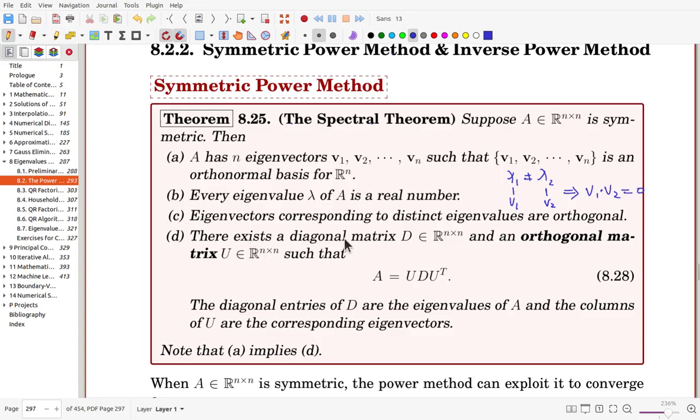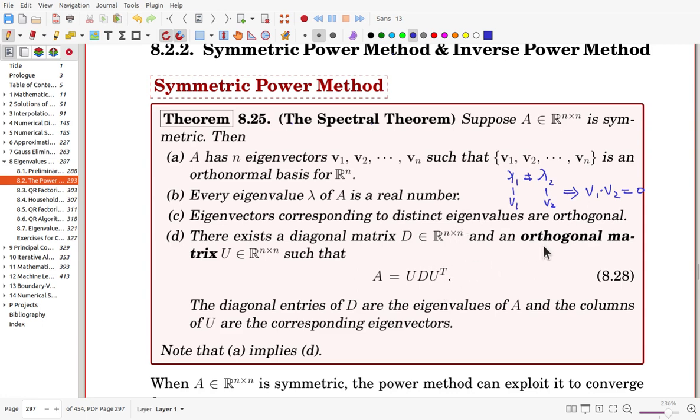There exists a diagonal matrix D and an orthogonal matrix U such that A can be written this way, which means that A is diagonalizable. A is U D U transpose.